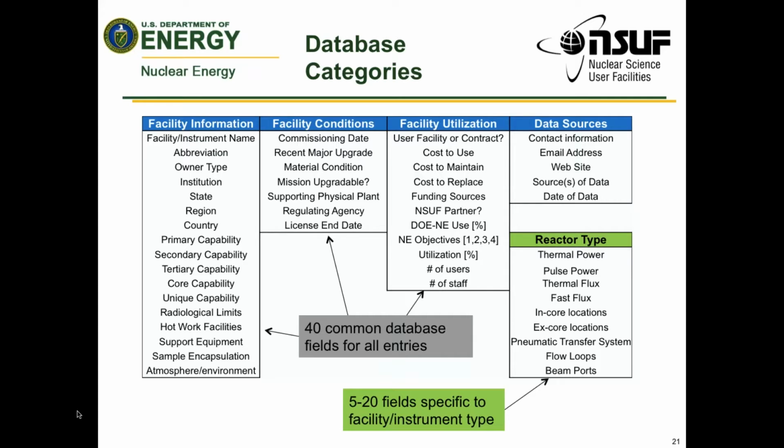But then when you get down to particular instruments or a particular capability, in this case, say we pull up reactors, then there are specific bits of information, specifications, et cetera, that will be associated with that. And so this is all in the database, and you can keep burrowing down to get all the information or as much information as you want.